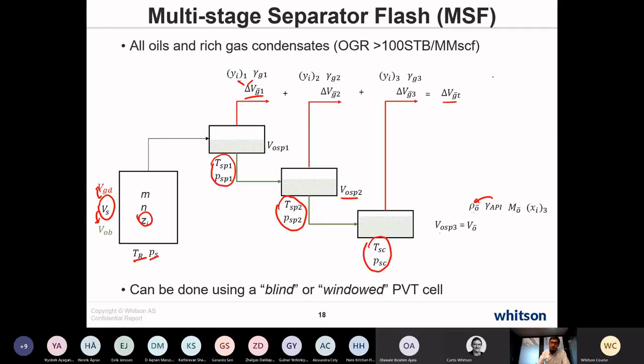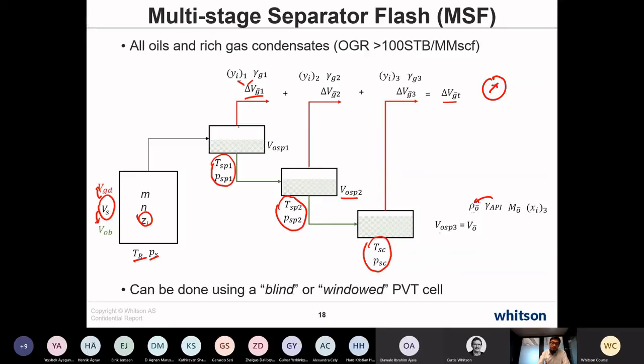Let's say I draw a pressure gauge here. When we are removing the equilibrium gas phase at constant pressure, the gauge indicator will stay like this.